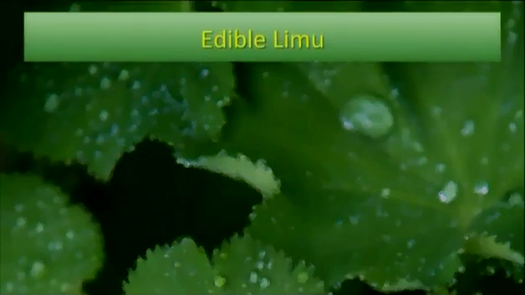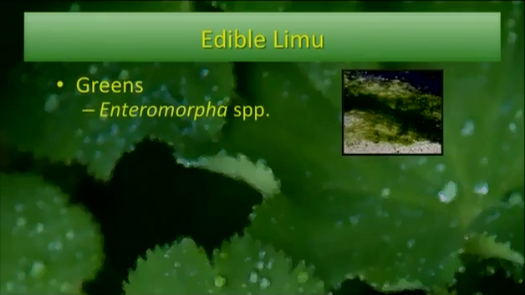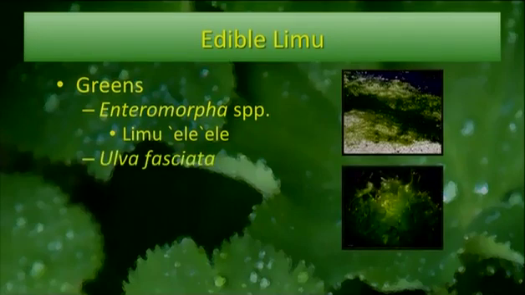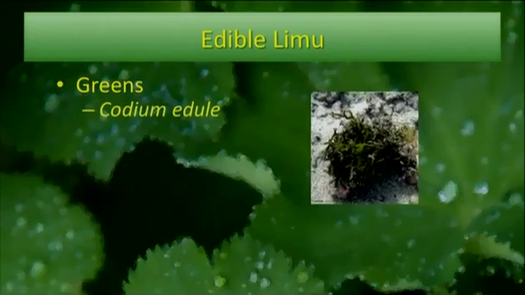Now the edible limu, the greens, include the Enteromorpha species, also known as limu ele. Also Ulva fasciata, also known as limu palahalaha. You need to know the names of these limu. Also we have Codium edule, which is limu wāwaeʻiole, or rat's foot.